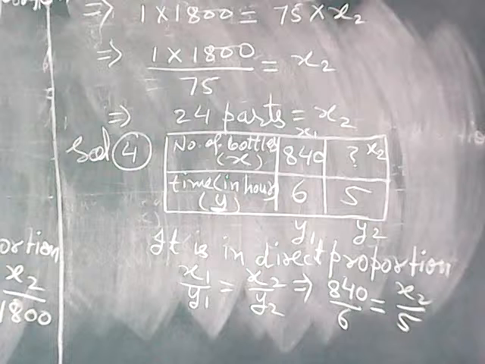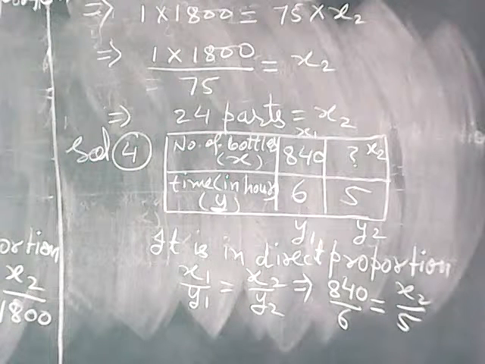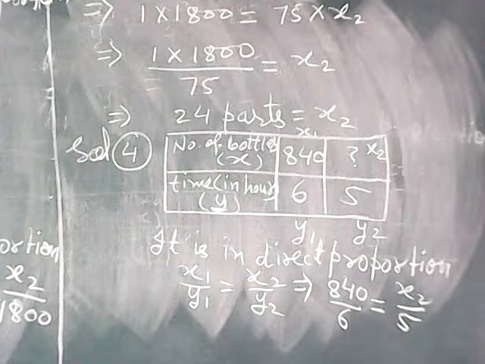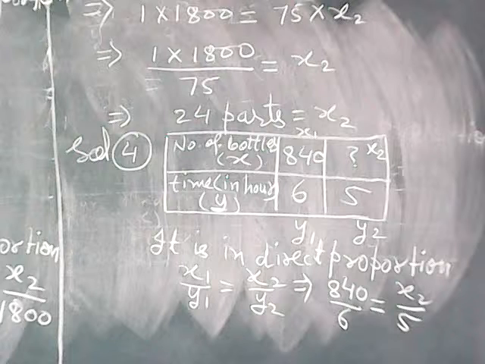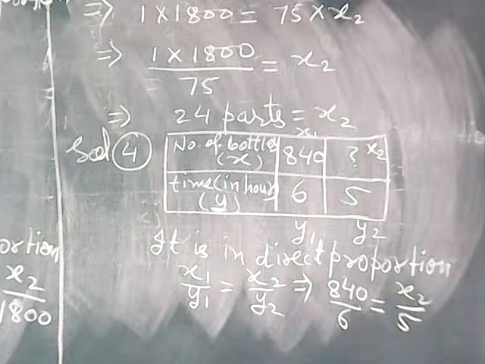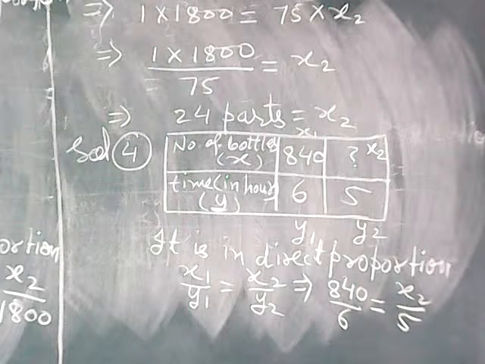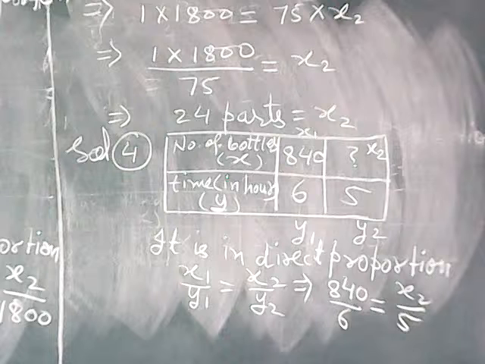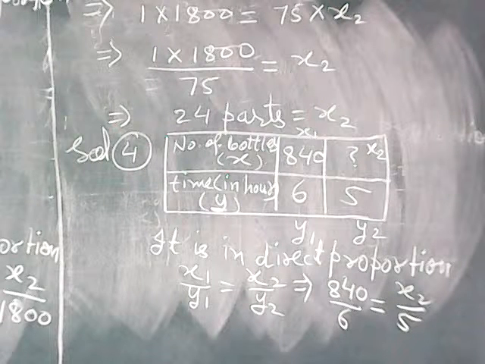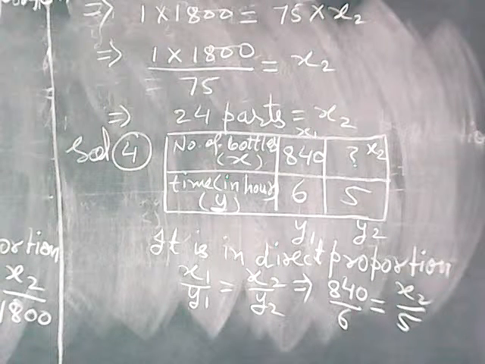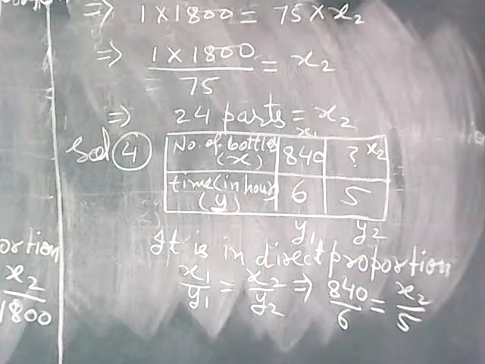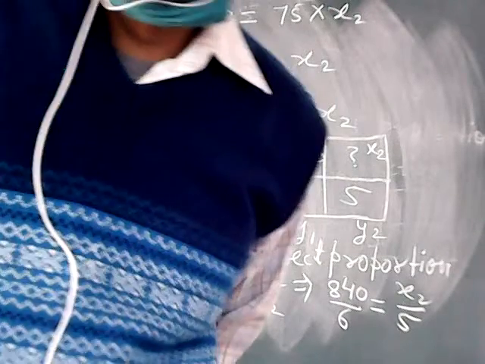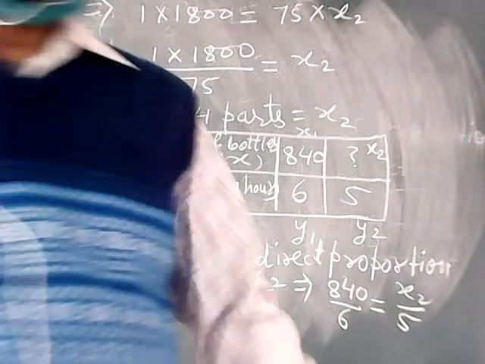Okay, students, I am waiting for your answer. If anybody has done, please tell me the answer. 700, correct answer. This is 700 bottles. So in 5 hours, the machine fills 700 bottles. So this is good.